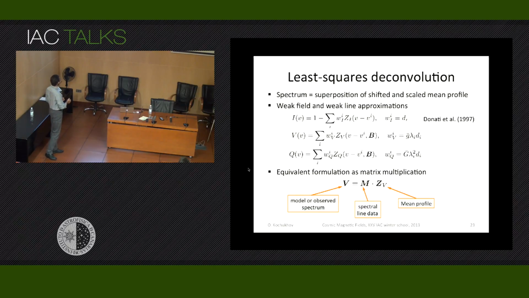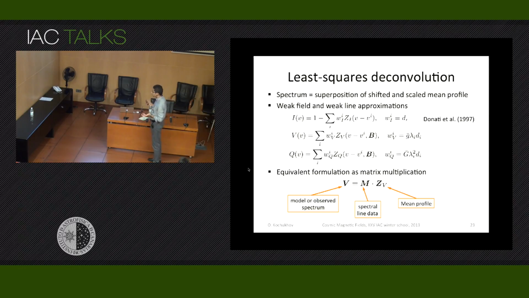So this is formally how it can be written. We have these Z, which are the mean Stokes profiles in I, V, and Q, and these W's are the weight factors. From weak field assumptions, one can understand that for Stokes I, this weight factor is simply the central depth of the line. For Stokes V, it's the product of the mean Lambda factor, central wavelength, and the depth of the line.